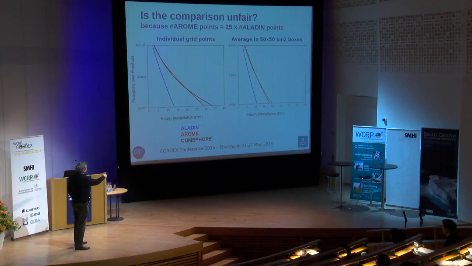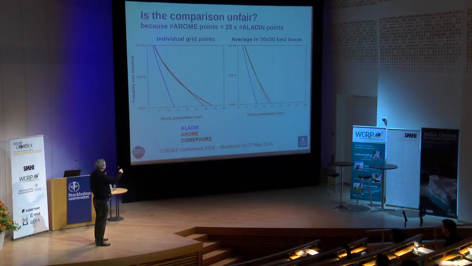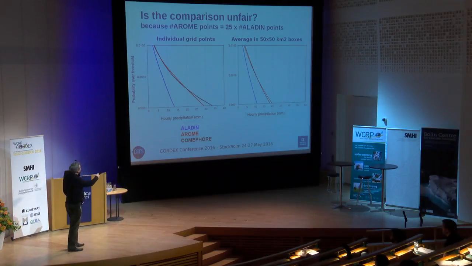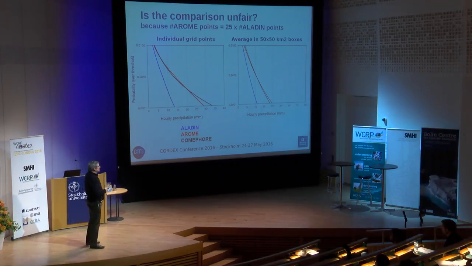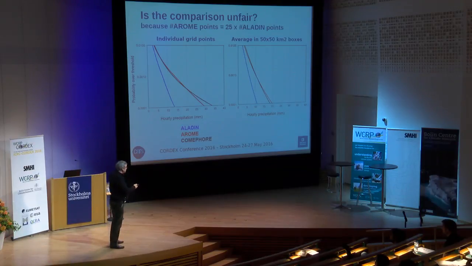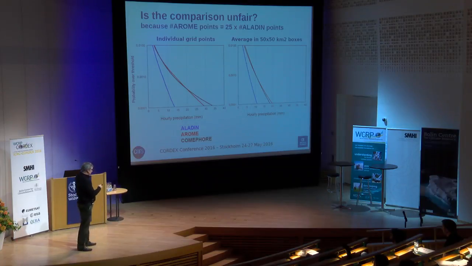Of course, you get less precipitation if you average in a large box, because the very heavy precipitation has a scale smaller than 50 kilometers. But you can see that the conclusion you draw from this is still valid: AROM and COME4 are in agreement until this level of precipitation. This is 10 to the minus 4. In the previous slide, it was 10 to the minus 5. I cannot calculate down to 10 to the minus 5 here because I don't have enough boxes to count the probability.